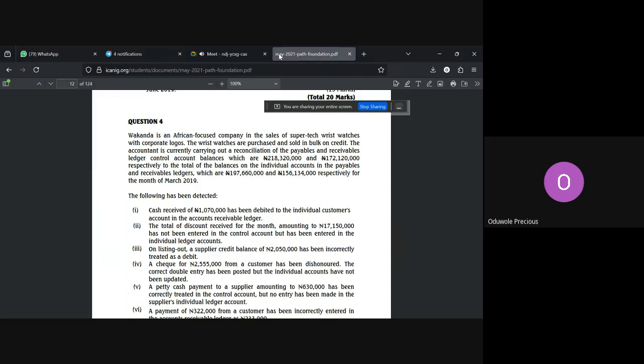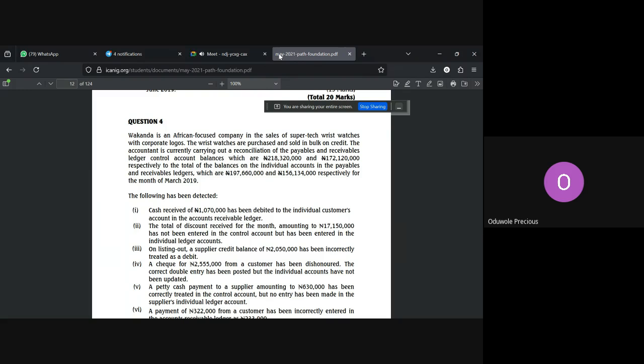The accountant is currently carrying out the reconciliation of payables and receivables ledger control accounts, which are 218,020,000 and 172,120,000 respectively, to the total of the balances on the individual accounts of the payables and receivables ledgers, which are 197,660,000 naira and 156,134,000 naira respectively, for the month of March 2019.